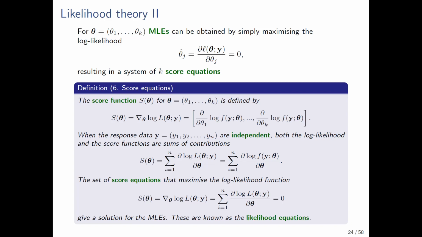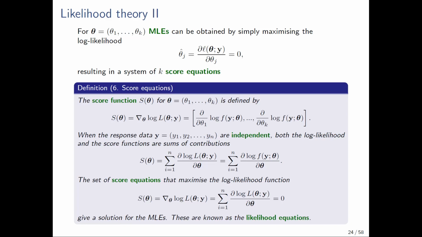So the score function defined on the slide is the gradient of the log likelihood, the vector of partial derivatives with respect to each parameter. When the response data are independent, both the log likelihood and the score are sums of contributions across observations, and setting the score equal to 0 gives a set of equations whose solution is the MLE, and these are known as the likelihood equations, and that is in essence how we'll estimate GLMs.